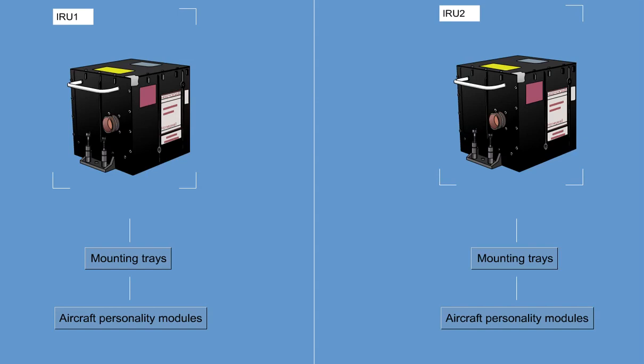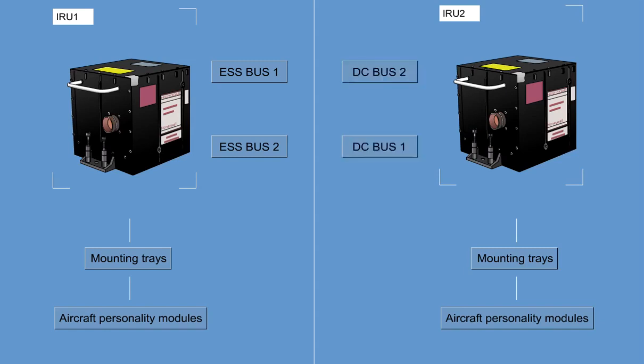The primary and secondary input power for micro IRU1 are Essential Bus 1 and Essential Bus 2, respectively. The primary and secondary input power for micro IRU2 are DC Bus 2 and DC Bus 1, respectively. In an electrical emergency configuration, the IRS-1 will remain operating powered by the ram air turbine generator.